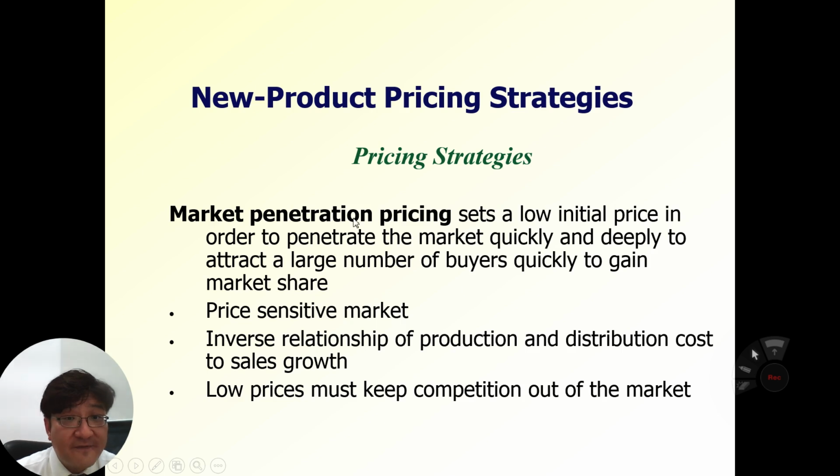This is contrary to skimming pricing. If you use penetration pricing, your sales volume tends to be high. Since your sales volume is high, the denominator used to calculate the fixed cost per unit is getting bigger.